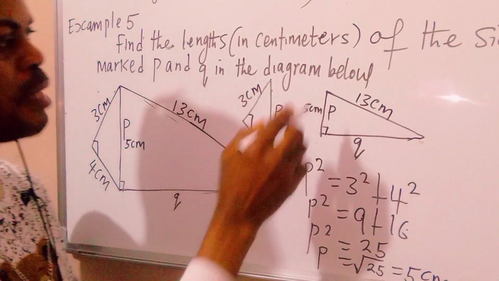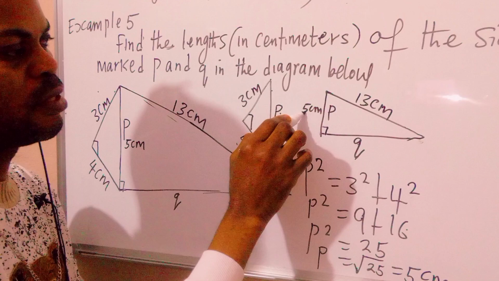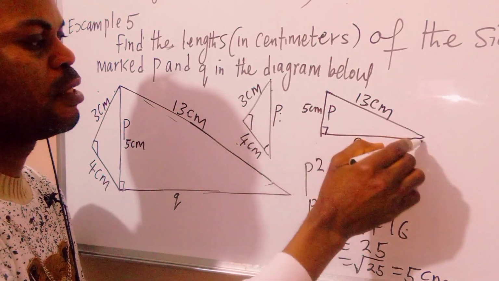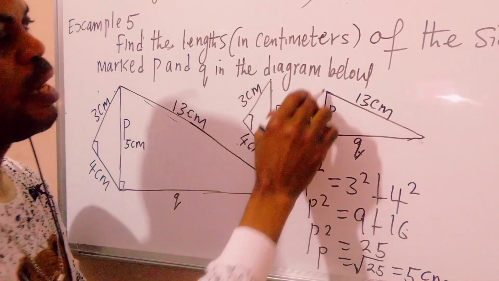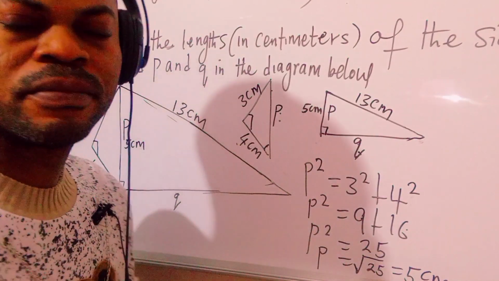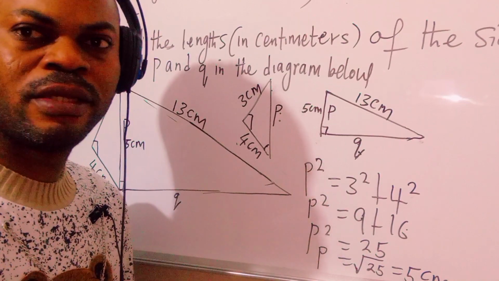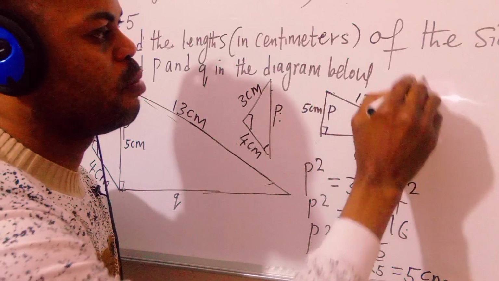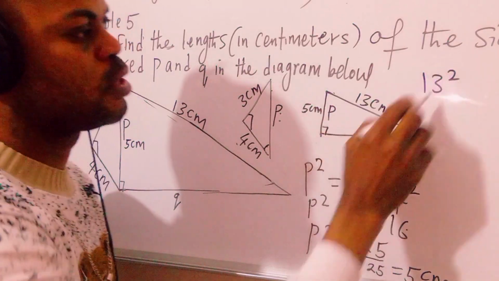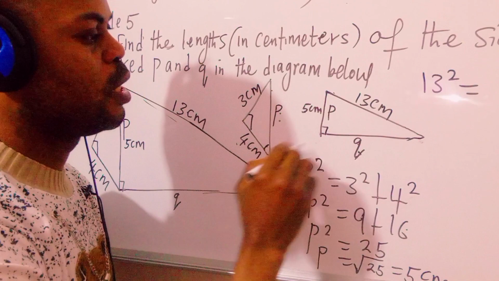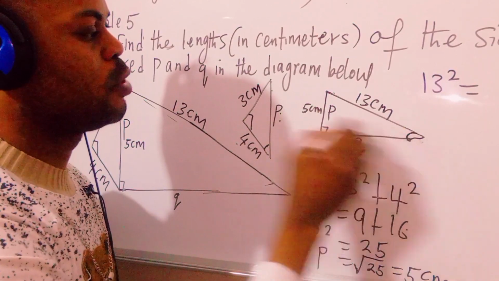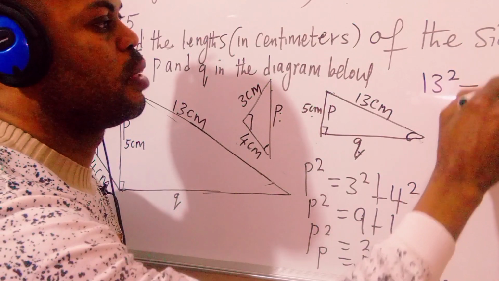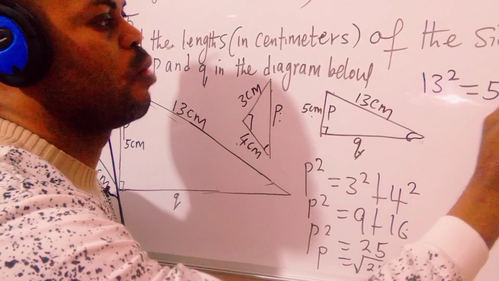So if we are taking this side 13 centimeter and here is 5 centimeter, we are expected to look for letter Q. Don't forget, Pythagoras theorem says that the square of the longest side of the triangle, which is 13 centimeter, so 13 squared, is equal to the opposite in this case, which is 5 centimeter, in other words 5 squared, plus Q squared.